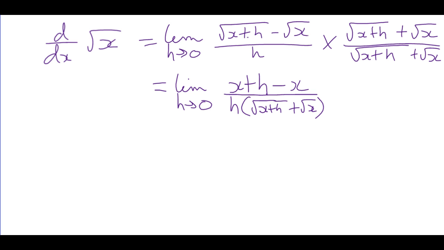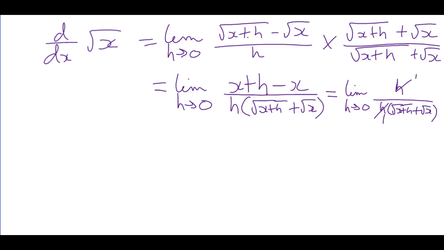And here's where all the magic happens. What happens to the x's? They cancel each other out. So we've got an h on top and an h on the bottom, so the h's cancel.